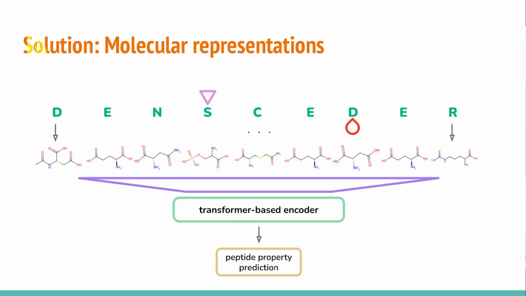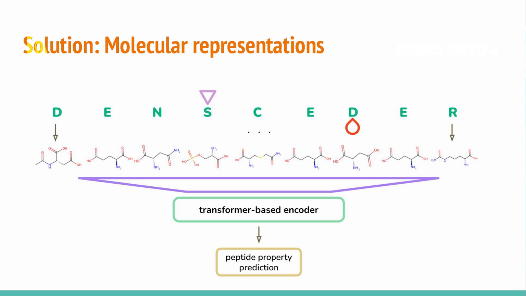So the solution we came up with is, instead of just representing the peptide as a sequence of tokens, representing them by their molecular structure. And in this way, we have a few advantages. So we can encode any modification. It doesn't have to be predefined. As long as we know the change in molecular structure, it's enough.